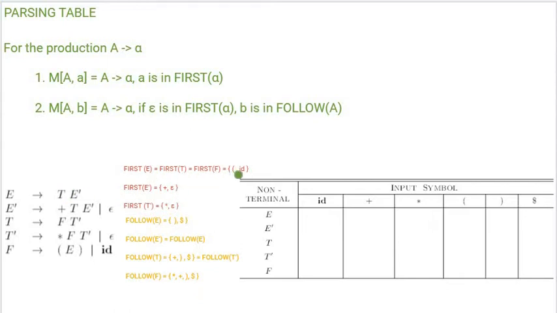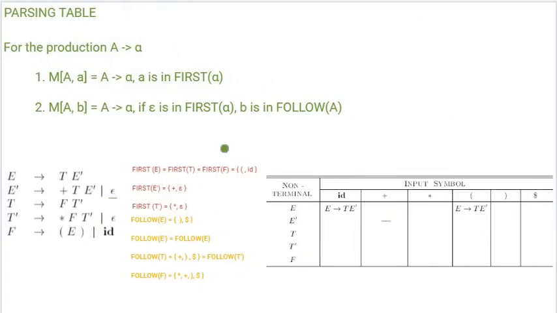First of T is nothing but open bracket and ID. So in this field and in this field, we have to add the production E tends to TE dash, in the column ID and also in the column open bracket.